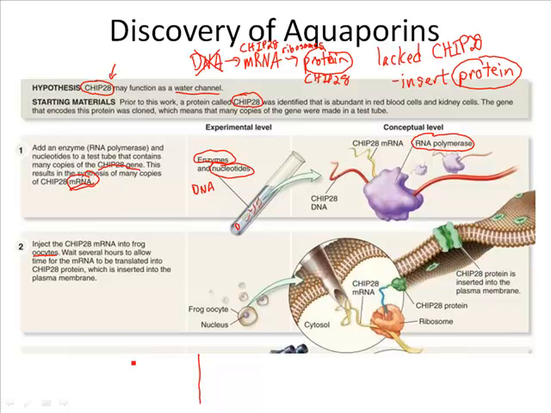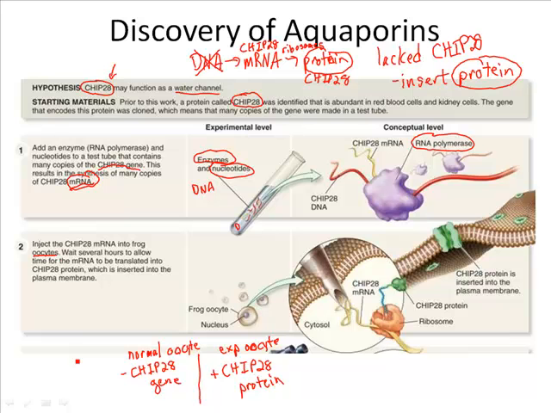We have a normal oocyte that lacks CHIP28. Then we have the experimental oocyte. While it doesn't have the CHIP28 gene, it does produce CHIP28 protein.